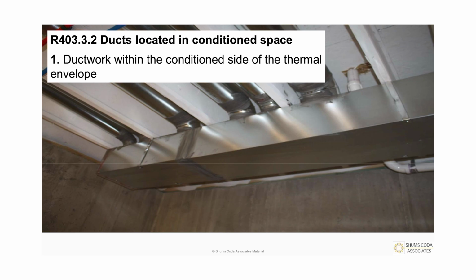Now, that's different than a few things, right? Because we know that ductwork has to be tested unless the ductwork is inside conditioned space or it's inside the thermal envelope, then it's exempt from it, right? That's different than what we have here. This is saying that if all the ductwork is inside the thermal envelope, it's considered to be inside conditioned space.